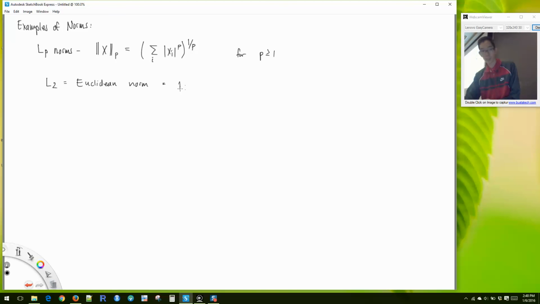So generally when you see a norm, they're talking about the Euclidean norm, but it's technically the L2 norm. You take each element and you square it, and then you add them up, and then you take the square root of that, okay?